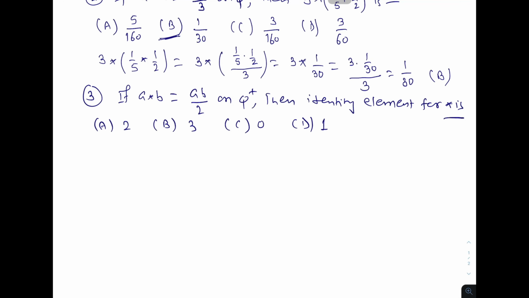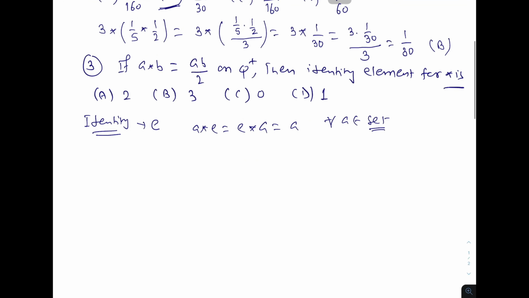Let us recall the meaning of identity. If E is the identity, then A star E equals E star A equals A for all A belonging to the set.